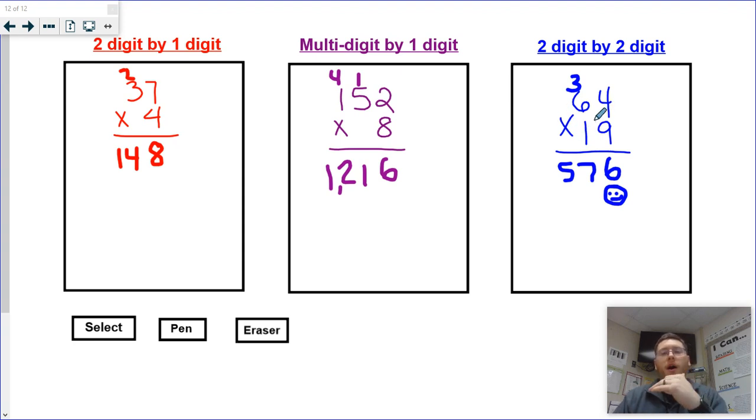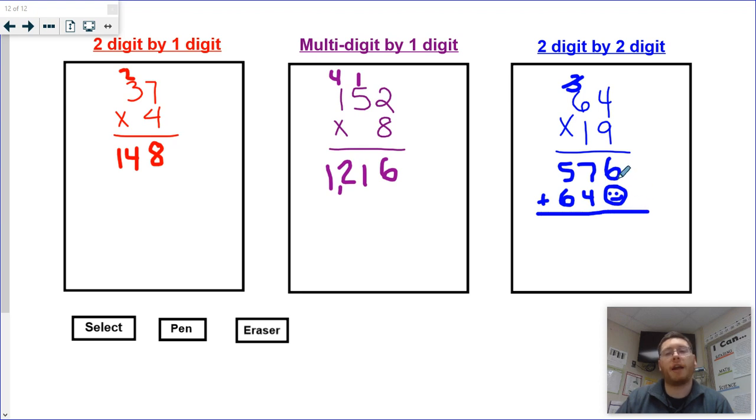You start with the tens place on the bottom multiplied by the ones place on the top. So 1 times 4, that equals 4. Okay, I'm actually going to mark that one out because I don't want to confuse myself. 1 times 6, that equals 6. So I just put 6 right here. There's nothing else I need to multiply by because all my numbers have been multiplied together.